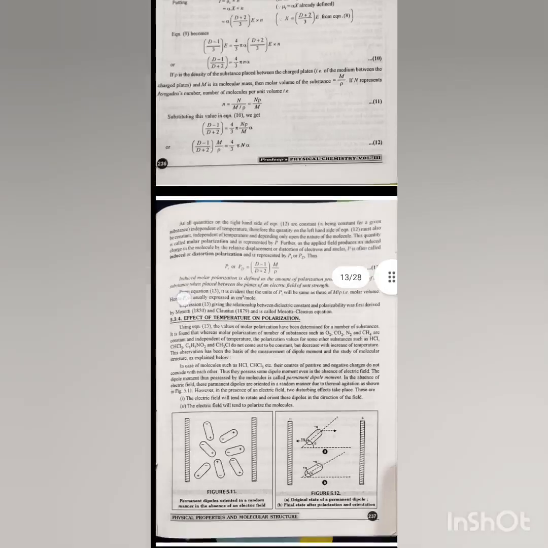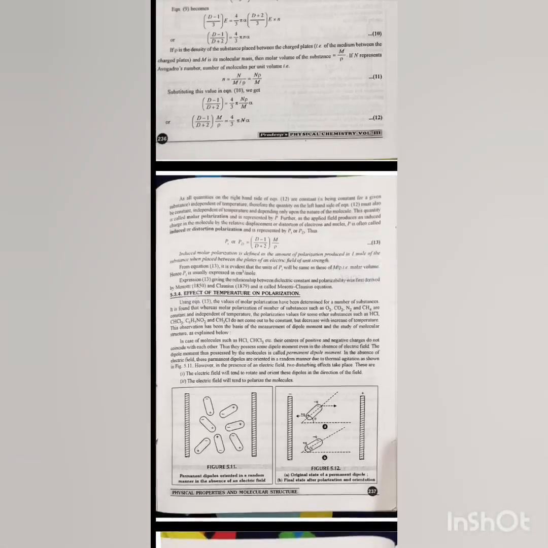Substituting this value in equation 10, we get (D minus 1)/(D plus 2) is equal to 4/3 π into N upon m into ρ α, or (D minus 1)/(D plus 2) into m upon ρ is equal to 4/3 π N α, named as equation 12.